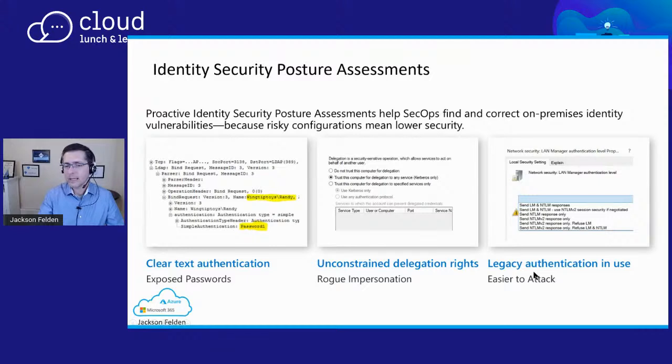You can see if there is any old protocol used for authentication, like LM. Oh my goodness, that's really old. NTLM instead of Kerberos. Kerberos is the new on-prem protocol.